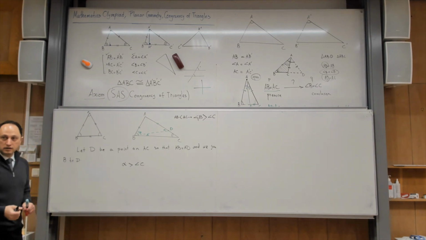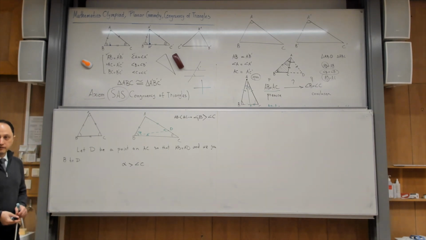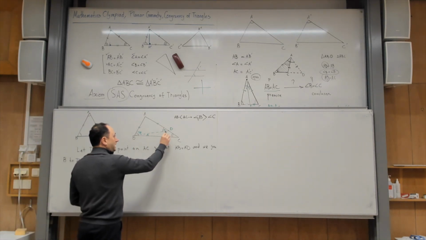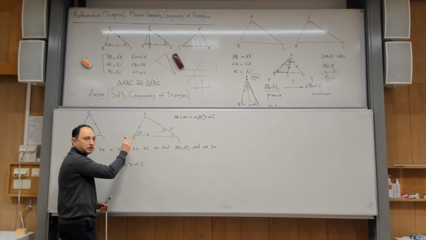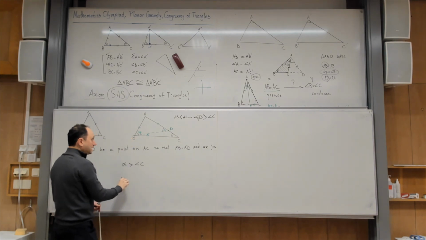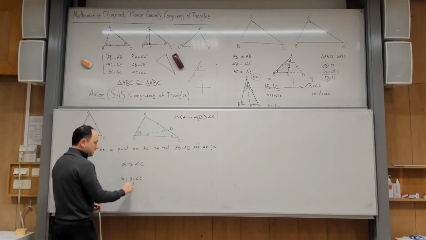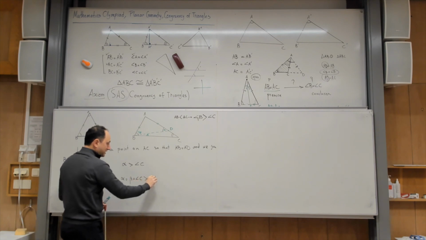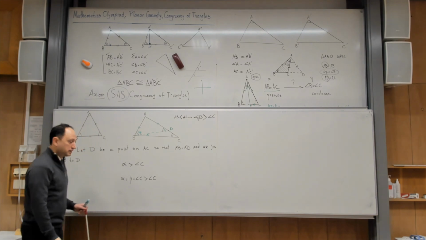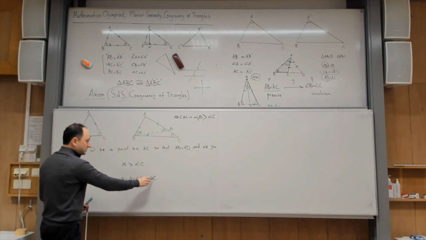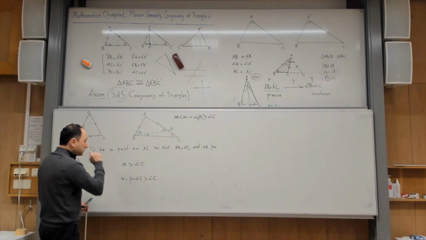Because alpha is equal to beta plus C. It's an exterior angle. This alpha is an exterior angle for this narrow triangle. So we know that it is equal to beta plus C, which is definitely greater than C alone. So alpha is greater than C.